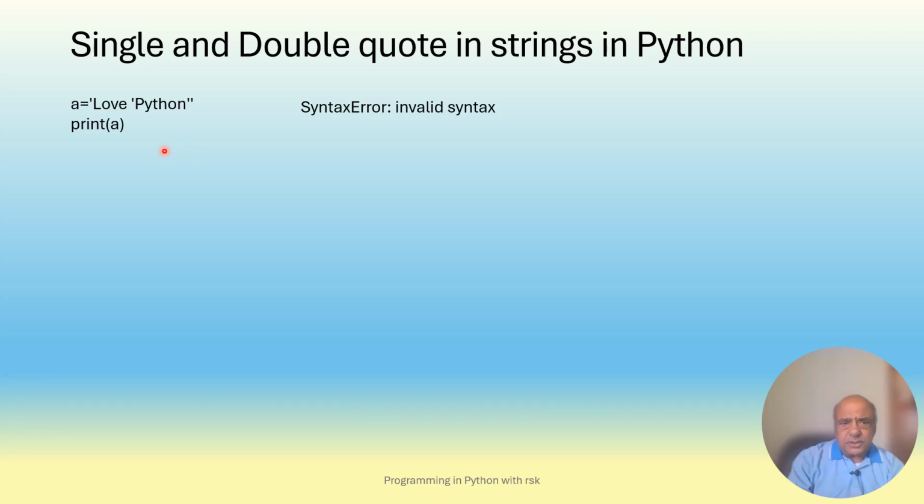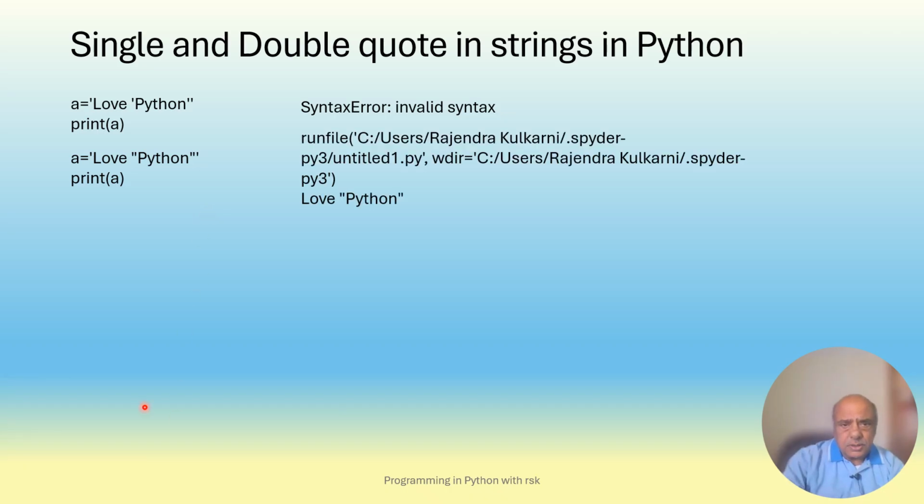The basic reason is that a substring must not be enclosed in single quotes if the whole string is also enclosed in single quotes. How to correct it? I want Python to always be in the form of a substring. So A is equal to I love, in double quotes, Python, and the whole string is in single quotes.